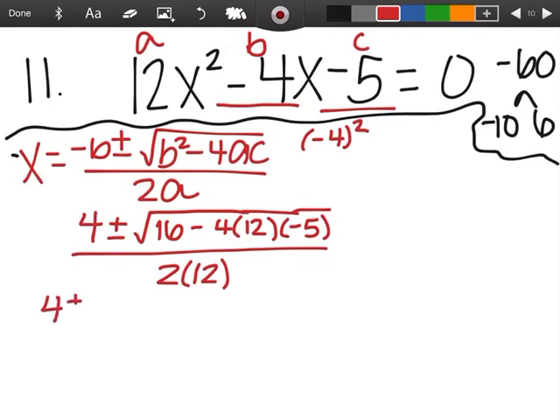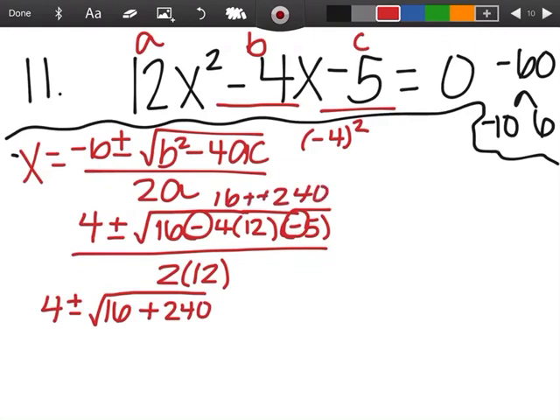So I've got 4 plus or minus the square root of 16. Now look here, I've got minus a negative, so it's going to end up being a positive plus, and 4 times 12 times 5 is 240. Or if I thought about this as 16 minus a negative 240, either way it would end up being plus.